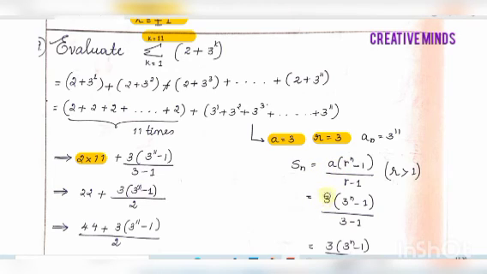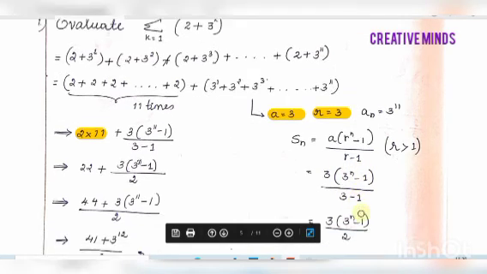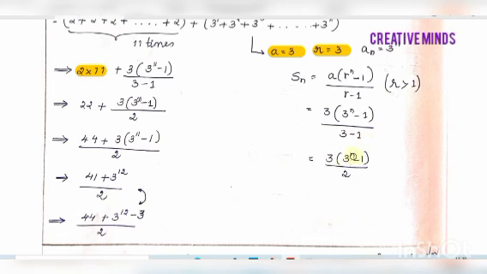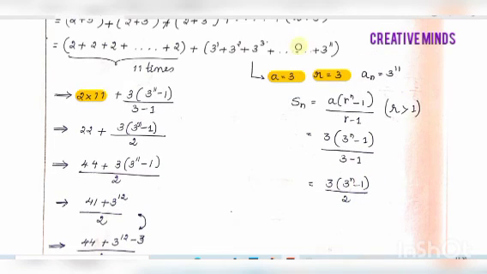So that is equal to 3 into 3 to the power of n minus 1 divided by 3 minus 1, and 3 minus 1 is 2. So Sn is equal to 3 into 3 to the power of n minus 1 divided by 2. Here n value is given, that is 11.